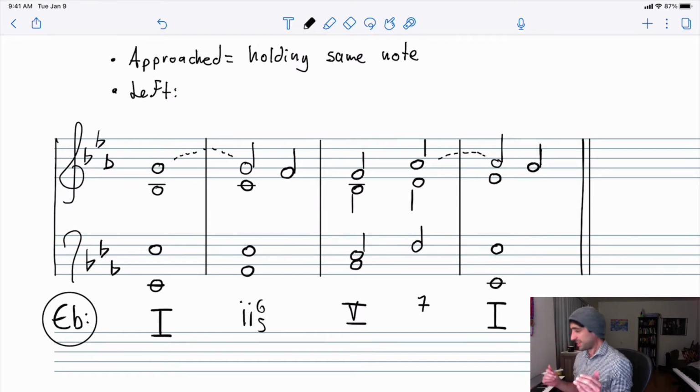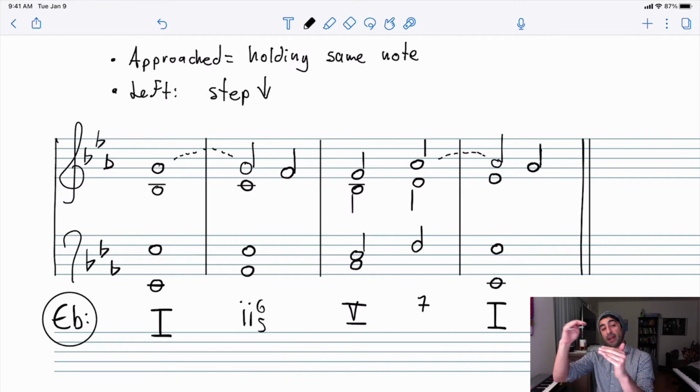So the suspension is always left by a step down. So let me just say that again. A suspension is a non-chord tone that is approached by holding the same note from the chord before, and is left, or it resolves, by going a step down.